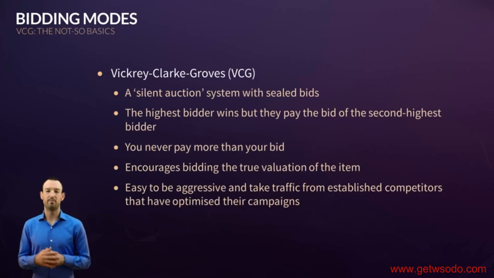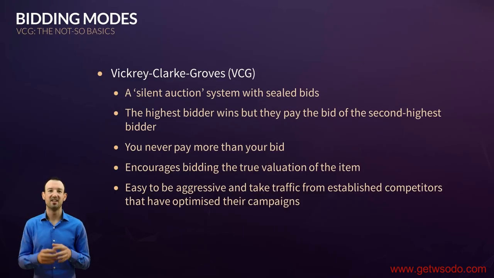The first bidding system or auction model that I'll introduce is Vickrey-Clarke-Groves, or VCG. VCG is a silent auction system where you have sealed bids, meaning that no one knows your bid and no one can see them, at least in a practical, real-life auction.